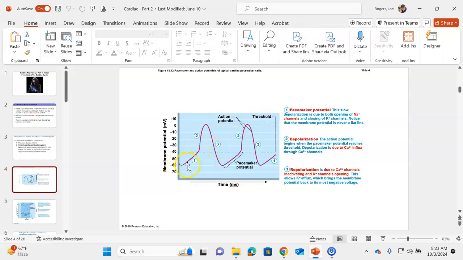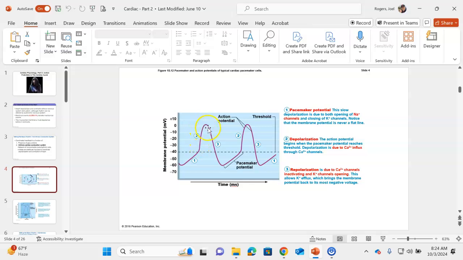There are three phases to this action potential. Phase one is the pacemaker potential, which goes from rest to threshold, and that is simply caused by sodium ions flowing into the cell. Phase two is actually depolarization in this context, and that is caused by calcium ions coming into the cell.